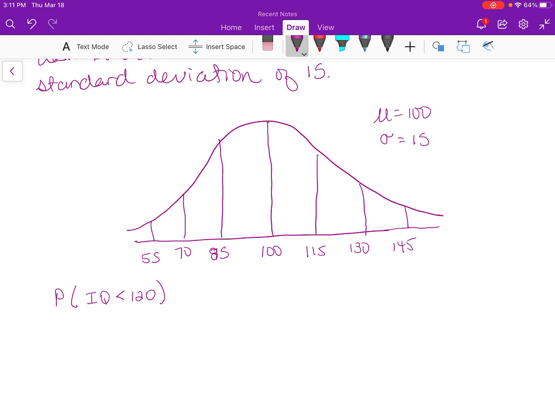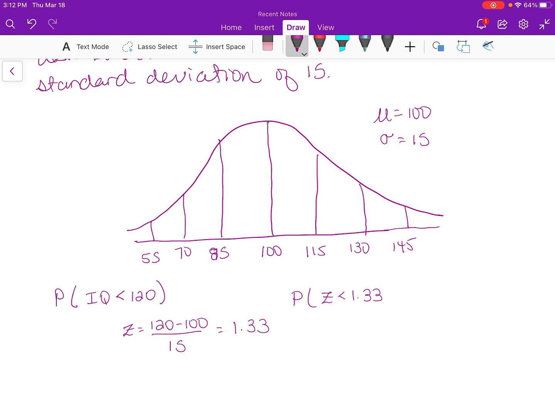So again, before you had calculators, you could take that 120, convert it to a z-score by doing 120 minus 100 and dividing by 15, and getting 1.3 repeating. And then you could find the probability that Z was less than 1.33.